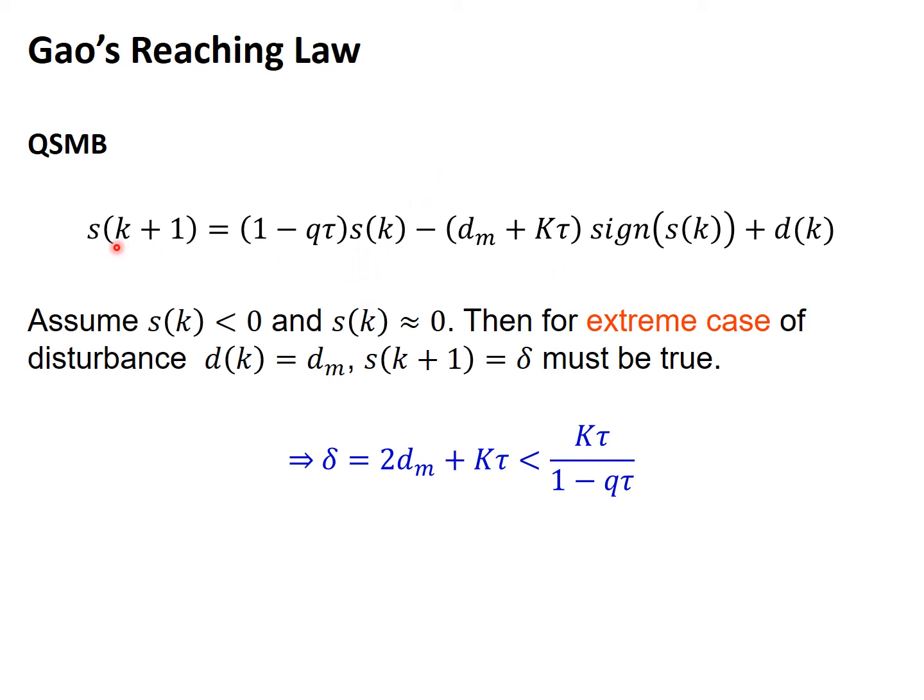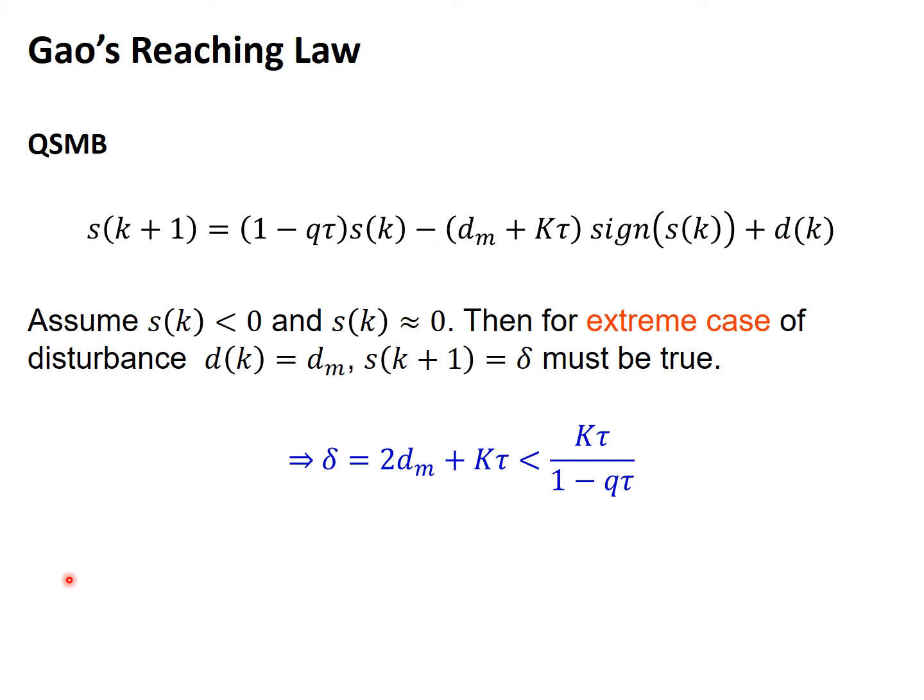If I have already assumed sk plus 1 takes the maximum positive value, that means sk is negative, and to make this side maximum, sk is taken as 0 and sign of sk is negative, so this becomes positive, and dk is taken as plus dm.